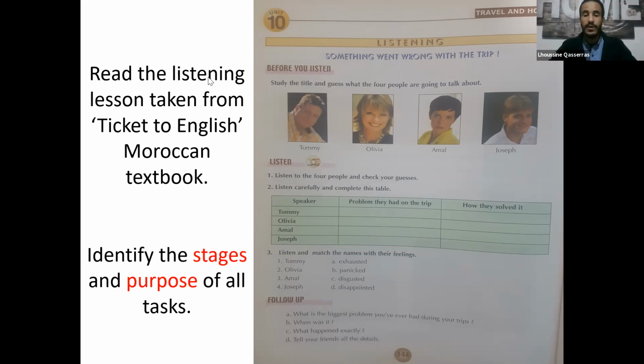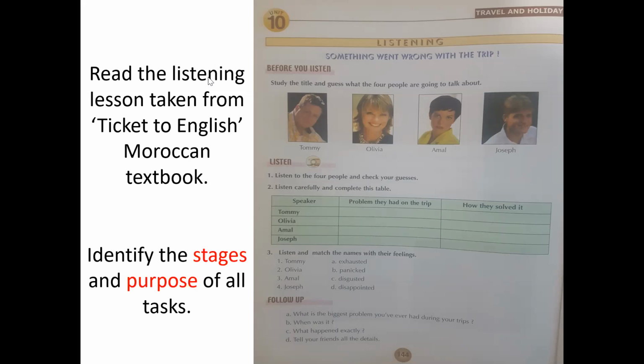Now I want you to see the title. Can someone read the title? Any volunteer? Yes, Muhammad. Listening: something went wrong with the trip. Oh, good. Something went wrong with the trip. Is it something good or bad?